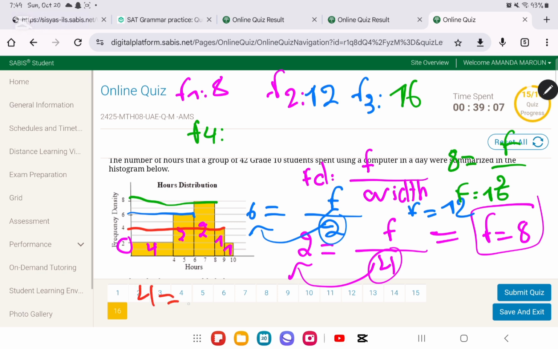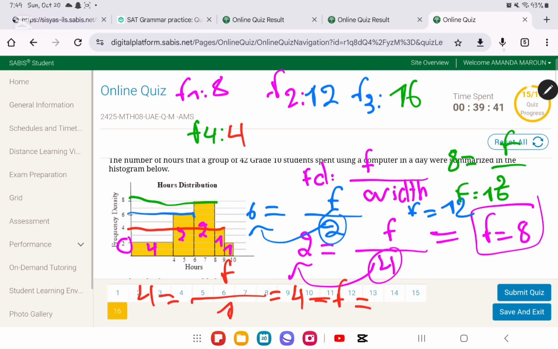The frequency we need to find and the width is 2. Sorry, my bad. The width is 1. Pay attention. Don't misread and make silly mistakes like me. So we have the frequency density, we have the width, we only need to find the frequency. So we're gonna do 4 times 1, which is 4. It's equal to the frequency. So the fourth frequency is 4.